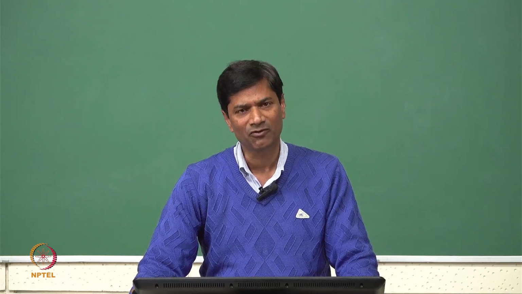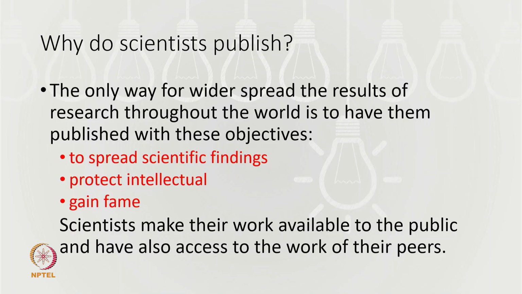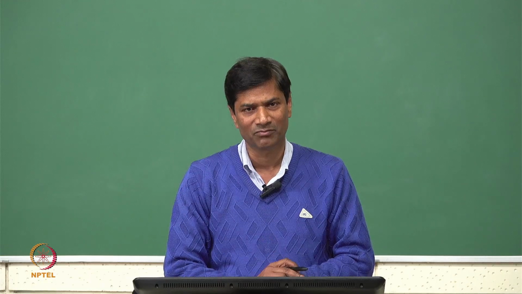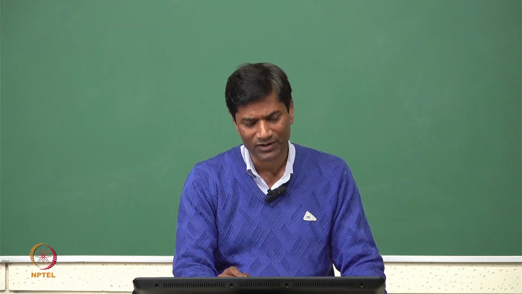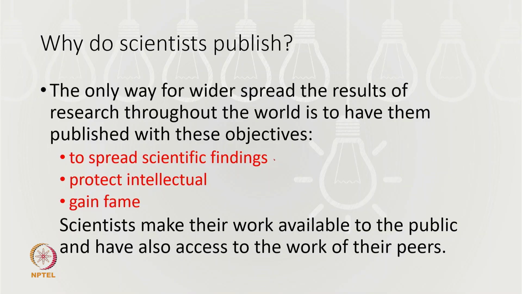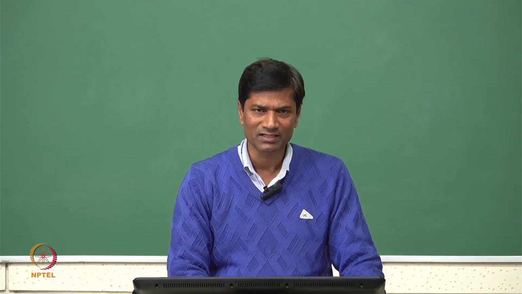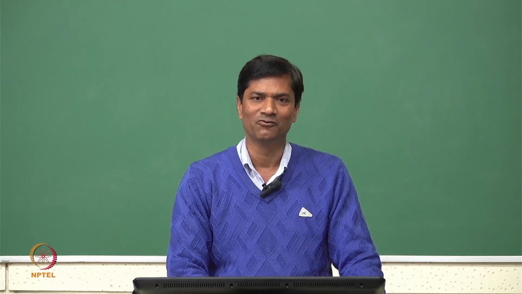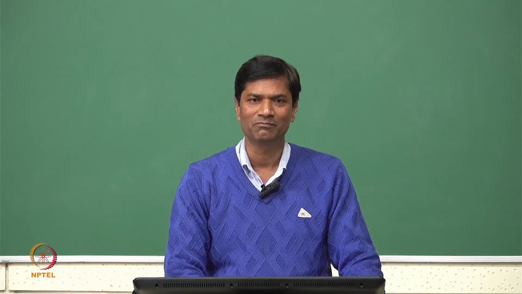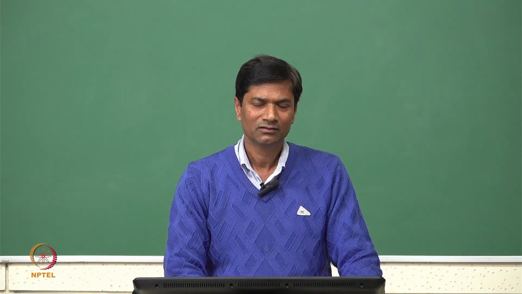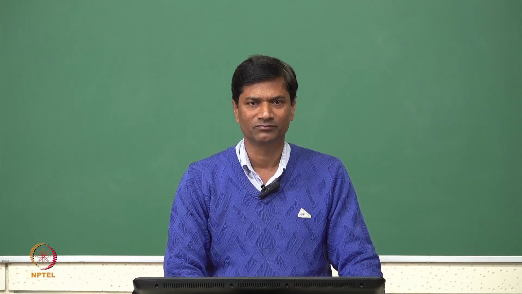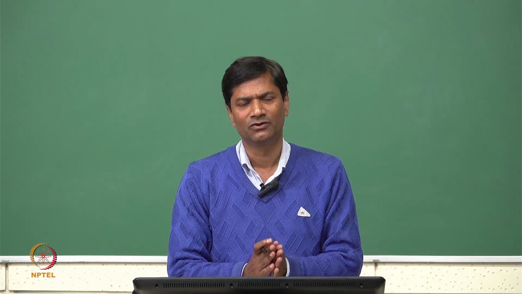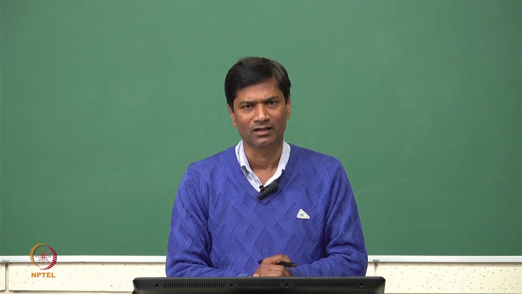There are various reasons for publication, but one of the most important is to spread scientific findings. Scientific findings can only be spread by publication. If there is no publication, it's not possible for citizens to know what's happening.